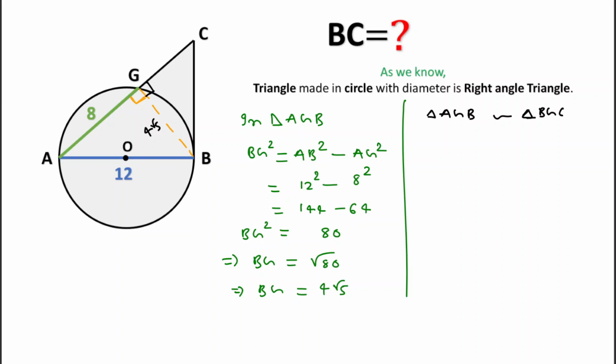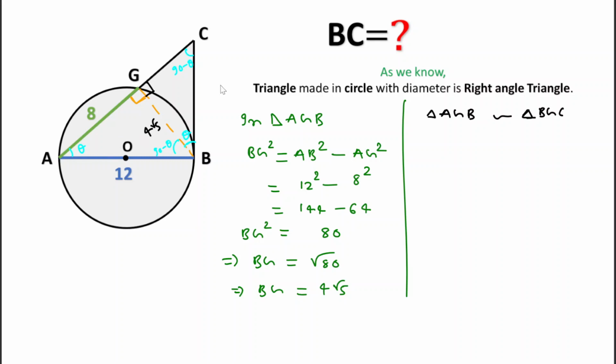You can see that if we consider this angle as theta, then this angle will be 90 minus theta. In the same way, this angle will be theta and this angle will be 90 minus theta. So we can see that triangle AGB and triangle BGC are similar triangles using angles.